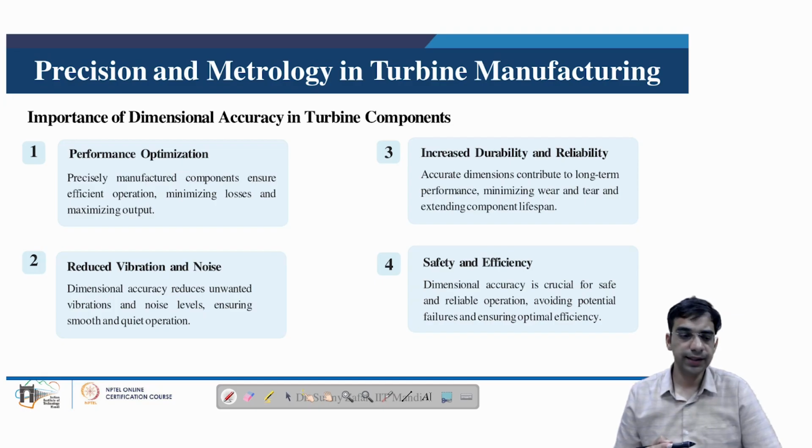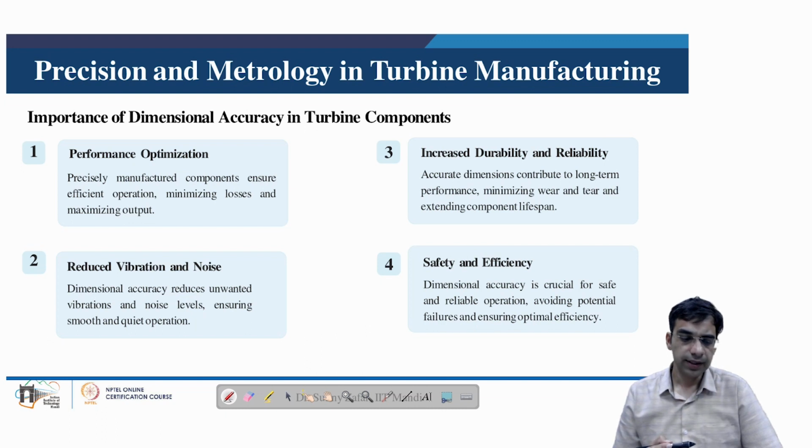The second important consideration that precision and metrology provide in turbine manufacturing is towards reducing vibration and noise. We know that turbine parts are rotating at very high speeds, and obviously there will be several instances of vibration being induced in the system.